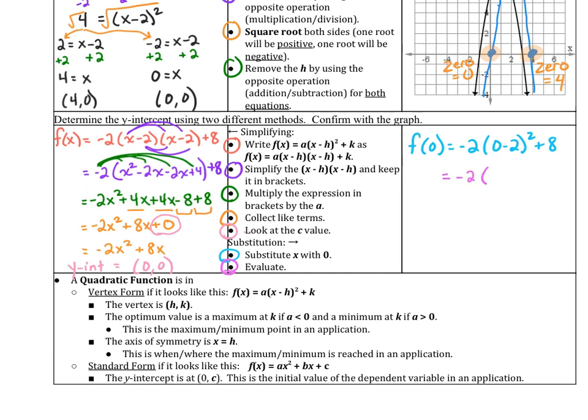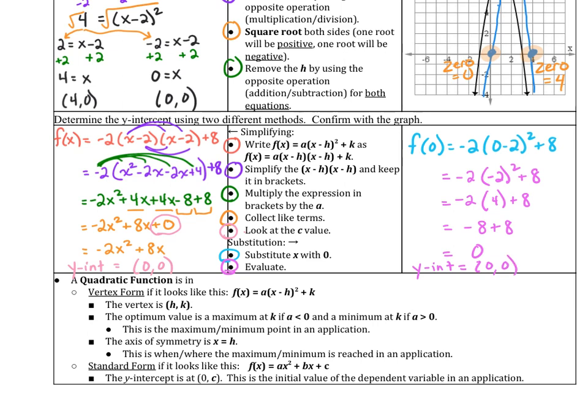Inside the brackets, 0 minus 2 is negative 2. Exponents: negative 2 squared is positive 4. Multiplication: negative 2 times 4 is negative 8. And then addition: negative 8 plus 8 is 0. So that makes your y-intercept equal to (0, 0).